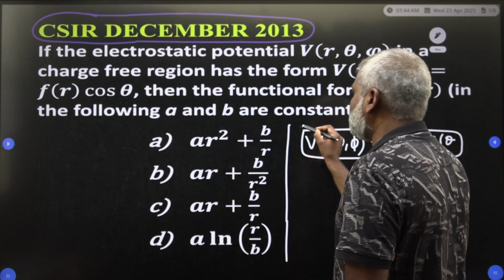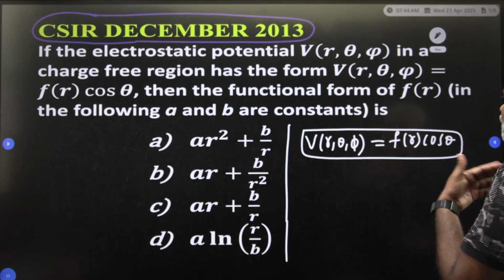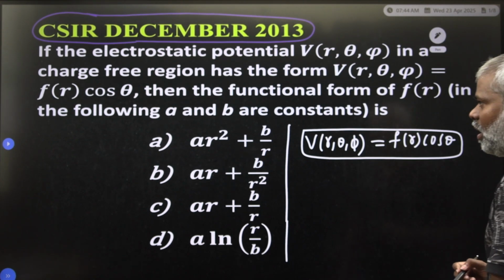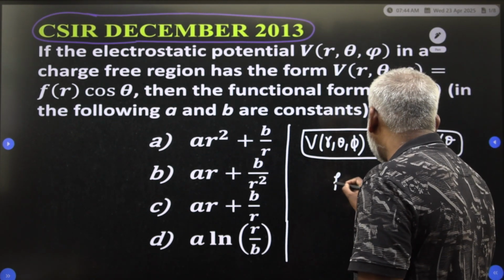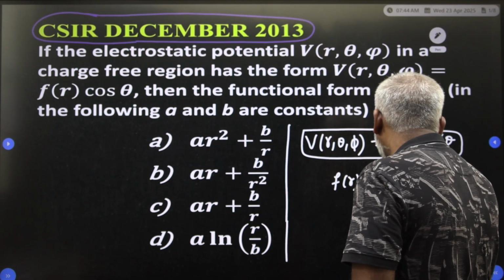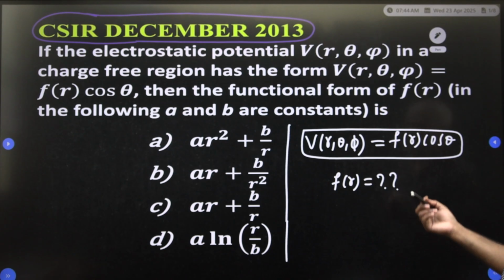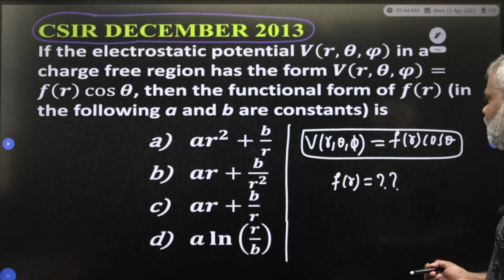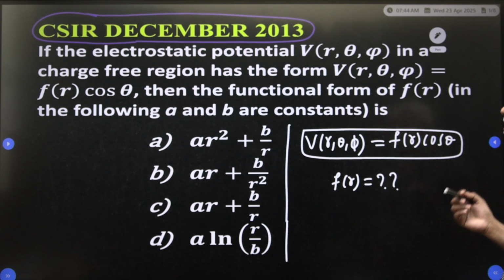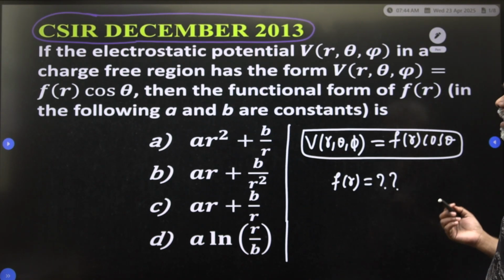They are giving this. Then they are asking for the functional form f of r, where a, b are constants they are giving. So this is the electrostatic potential.